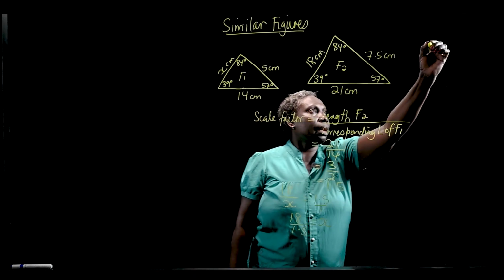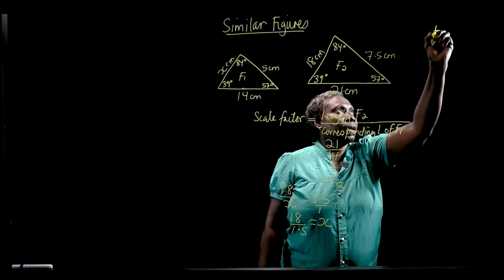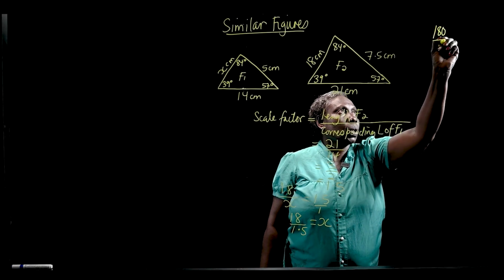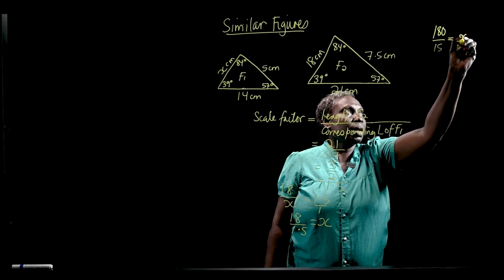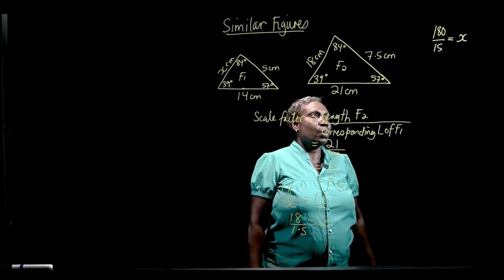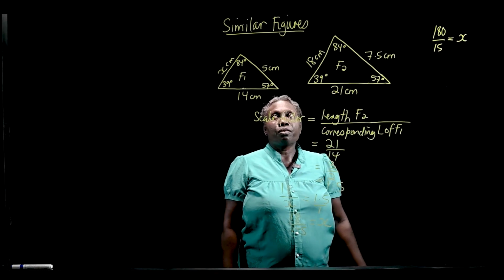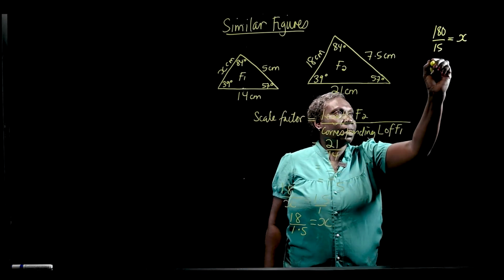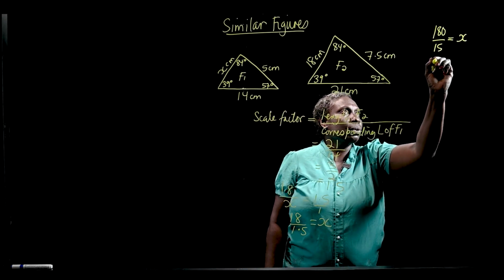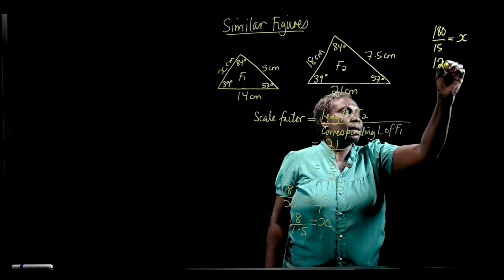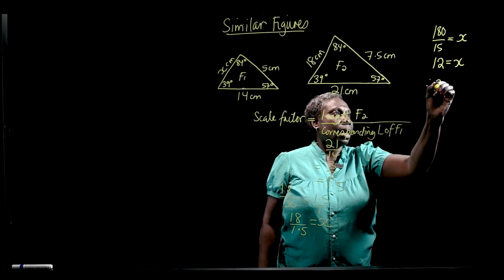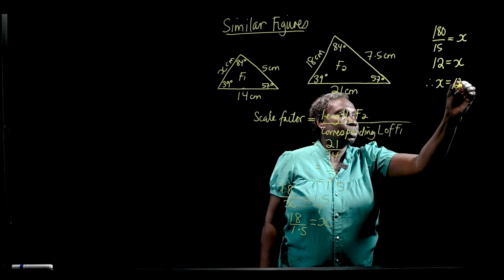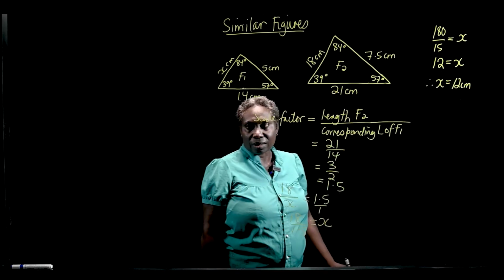So now we have 180 over 15 is equal to x. If I divide 180 by 15, that is equal to 12. So x is equal to 12 centimeters.